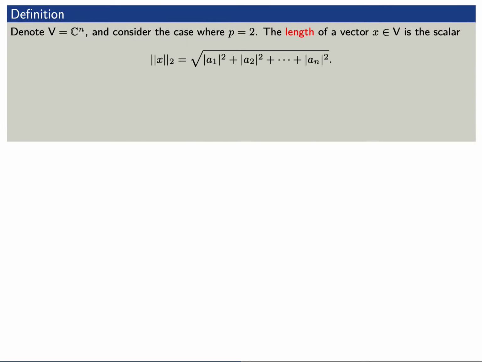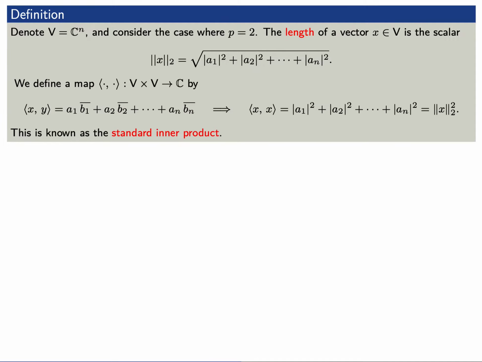The length of a vector x will be the following scalar. That is, we'll simply take the square root of the sums of the squares. This is the same thing as the 2 norm. Using this idea of the 2 norm, let's define this rather funny map. Here we have angled braces, and this says given two n-dimensional vectors, x and y, we'll return the following complex number.